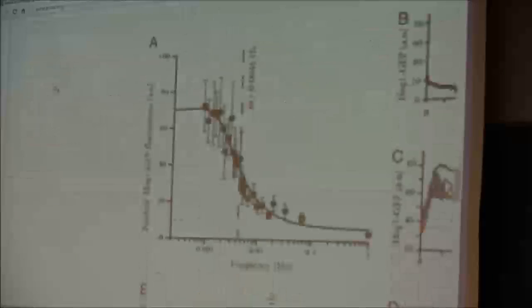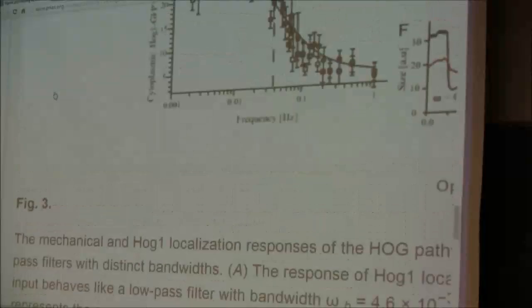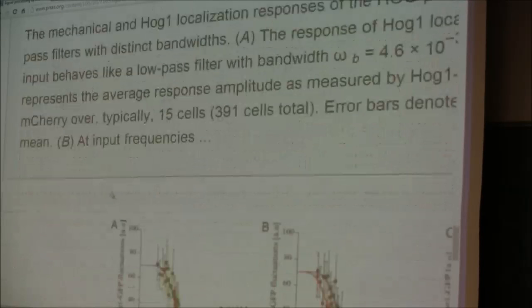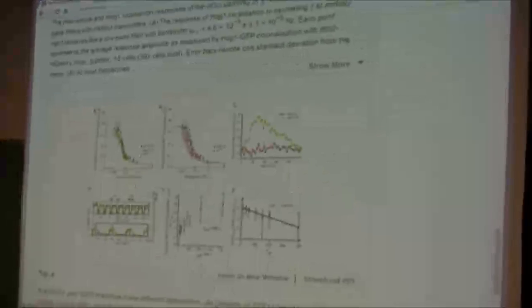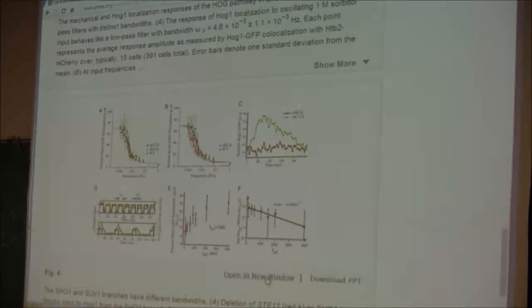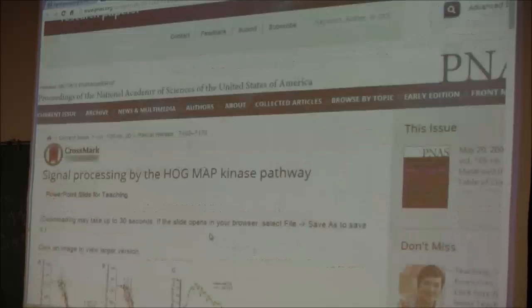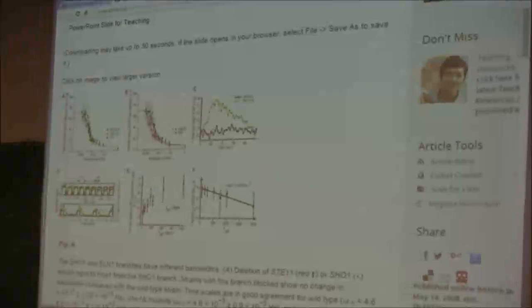All right, figure 3. So figure 3 is finally the data. So here we go to figure 3.